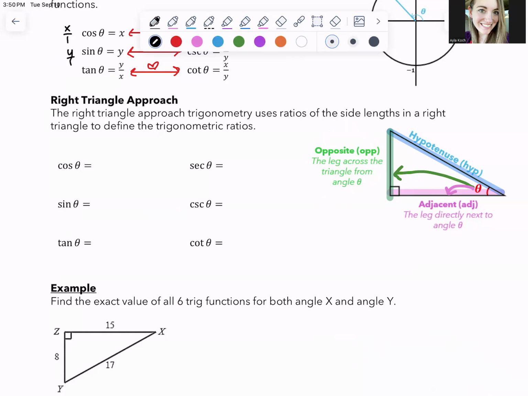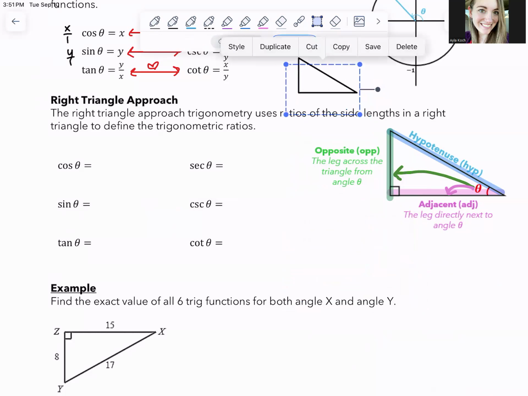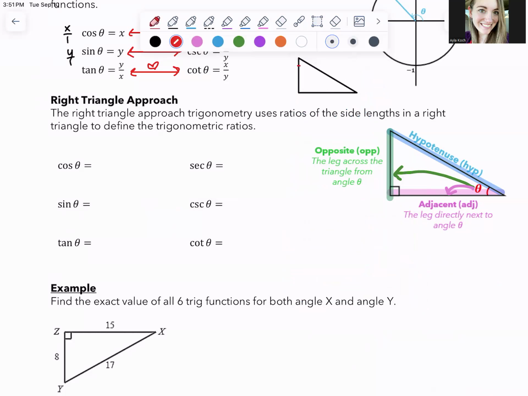Now, I want to point out something important here. If I took this triangle and put it up here, and I were instead looking at this angle up in the corner instead of this angle here, things are going to look a tiny bit different. The hypotenuse is still the hypotenuse.